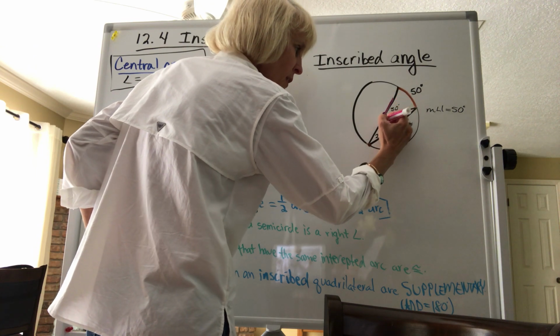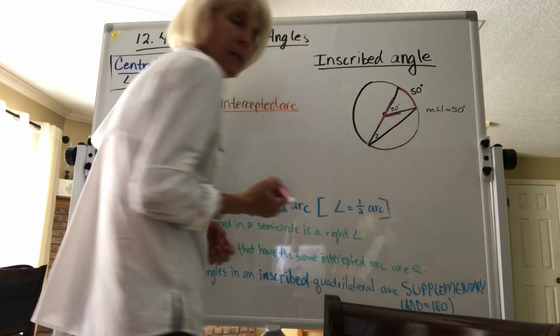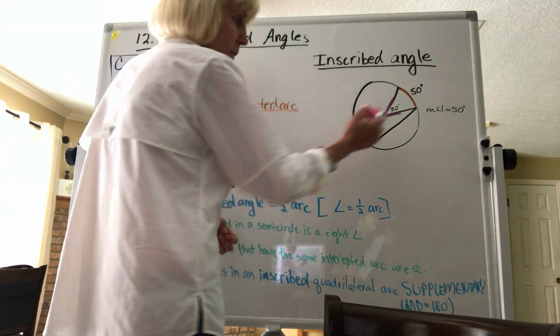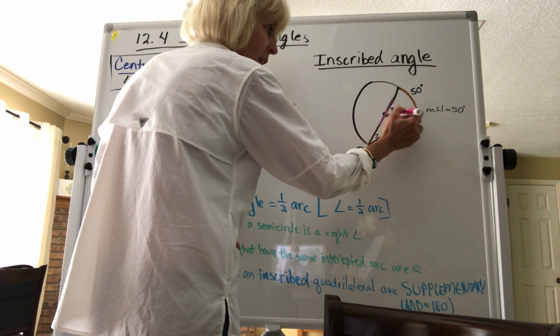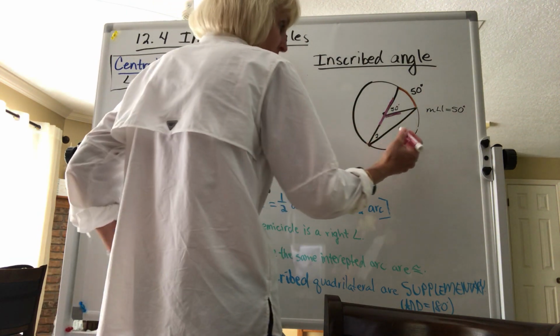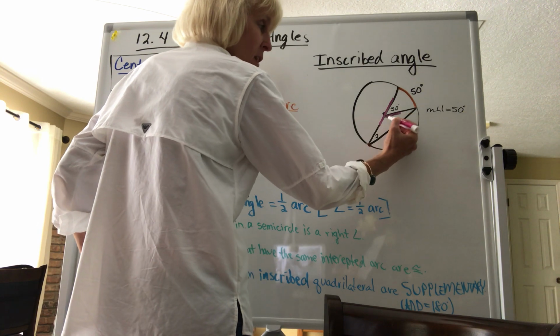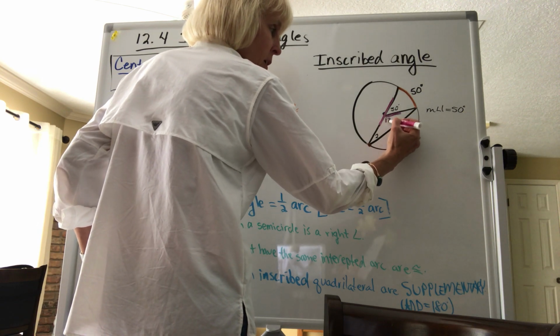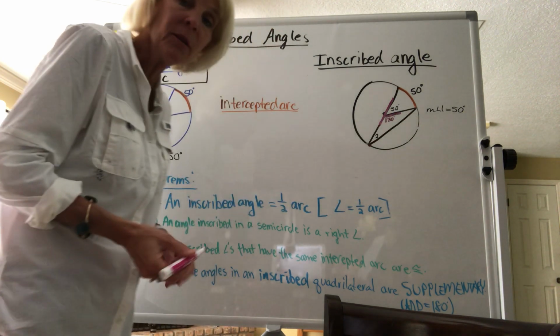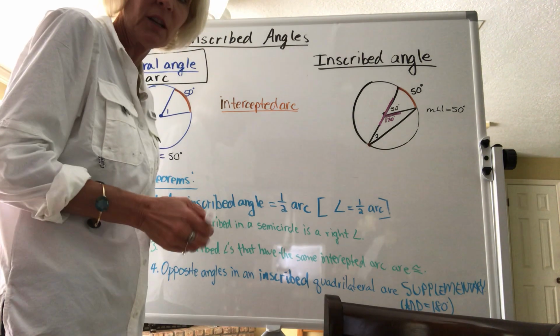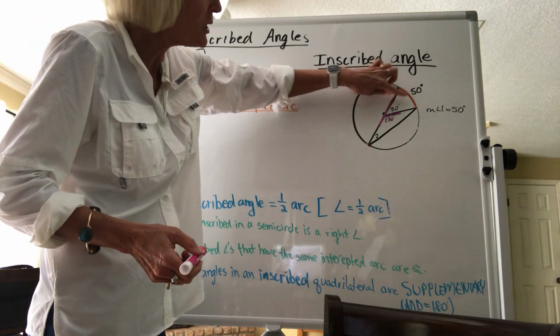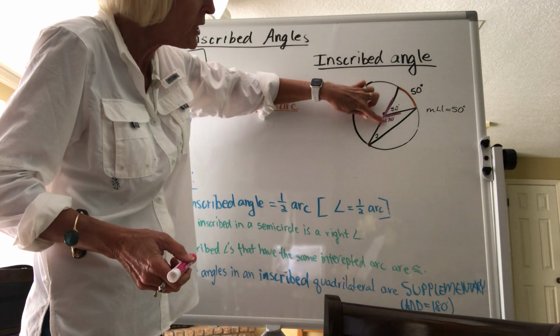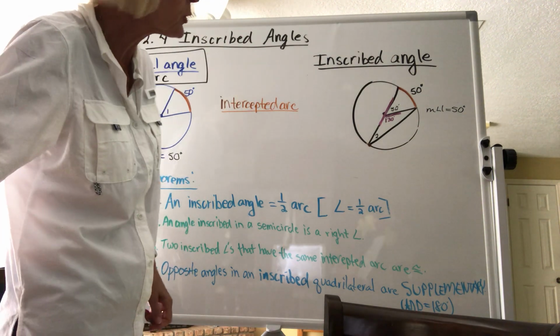What kind of angles do I have here? They make a straight line, linear pairs. So if this is 50, this would be exactly supplementary, so 130 degrees. The central angle is 50, the supplement is 130 degrees.